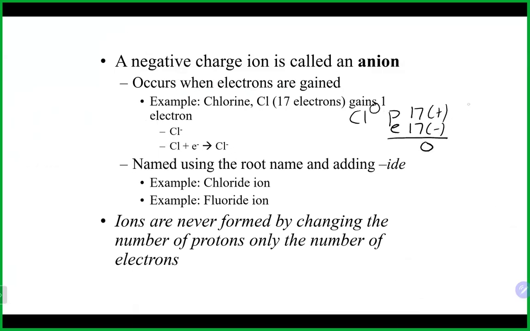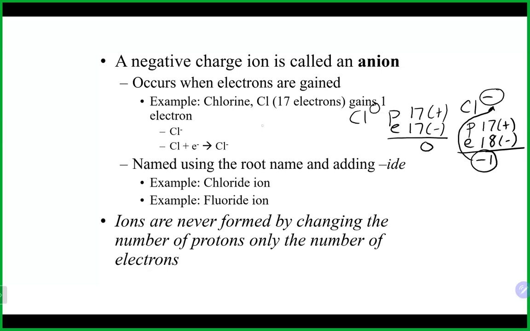When chlorine gets a charge of -1, in order for it to still be chlorine, it's got to have 17 protons. Negative means I gained electrons, and 1 is how many I gained. So I just add that to my atomic number, and that gives me 18 electrons. 17 positives, 18 negatives, leaves me a -1 left over. And that is, again, where the charge comes from.